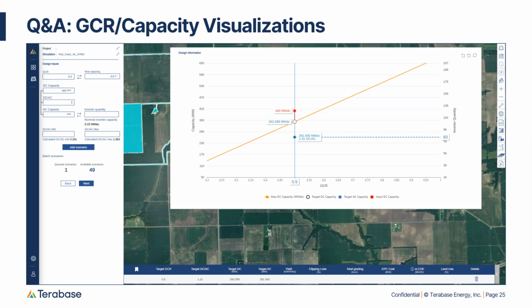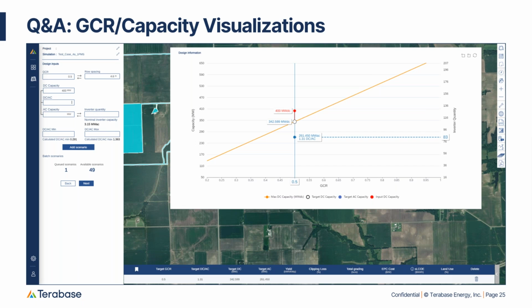Yeah, so on the scenario analysis page, we didn't do a demo use case as part of this, but those bottom inputs were DC-AC ratio minimum and DC-AC ratio maximum. While there's just the DC-AC ratio input, that's a site average.